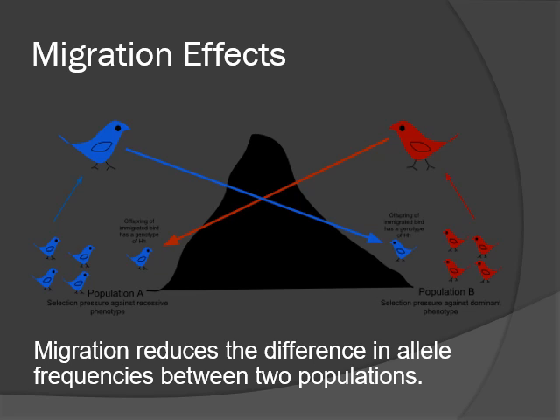Here we've got birds on either side of a mountain, blue birds here, red birds over there. If a blue bird flies over there, we've changed the alleles. But if the blue birds and the red birds are able to fly over always, back and forth, freely, you end up with one unified population.